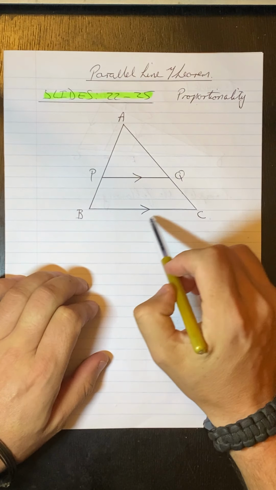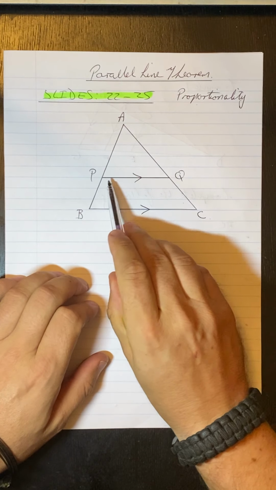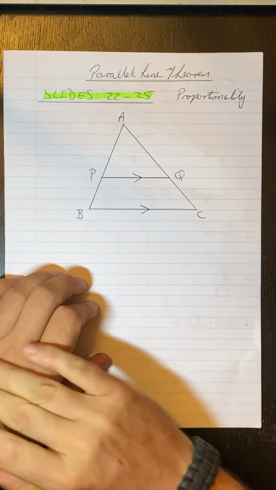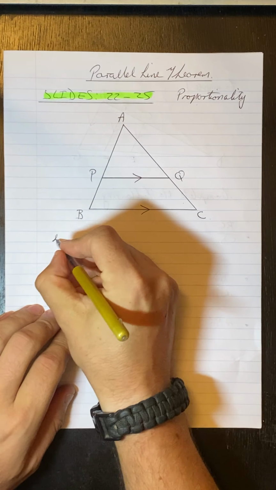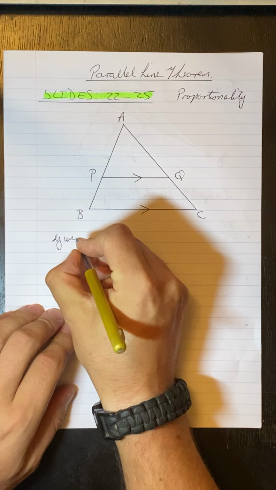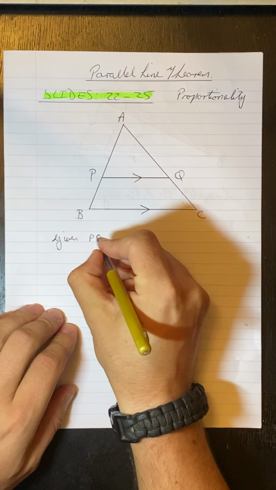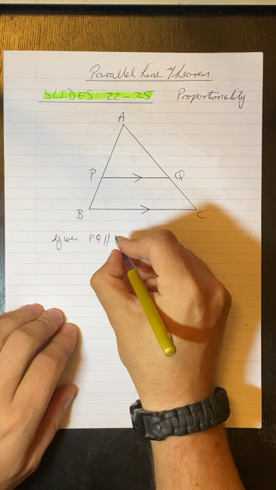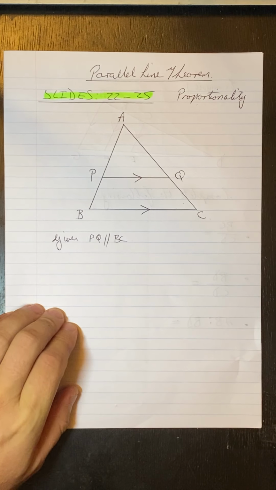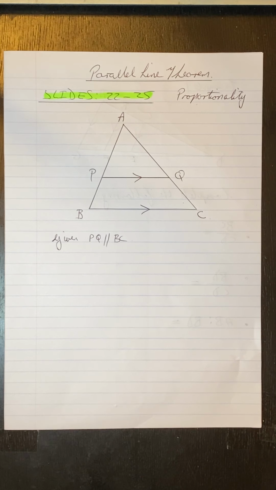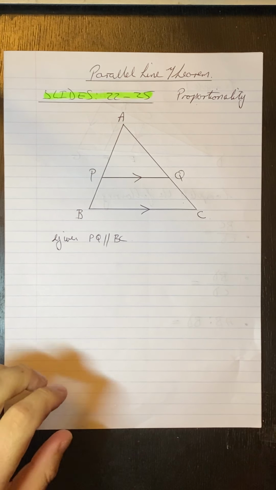If you're given a triangle like this, and you've got a line parallel to one side of the triangle, okay? So we are given that PQ is parallel to BC. What can we say from this? Well, we are going to get some proportions coming out of this.